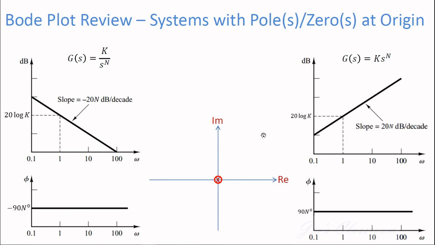And if it is zeros at origin, then the transfer function, as said before, is G(s) = K s^n, and the Bode magnitude plot is going to be an increasing straight line with a slope of plus 20n decibels per decade, and this line also will pass through (1, 20 log K), whereas the phase plot is going to be a horizontal straight line at 90n degrees.